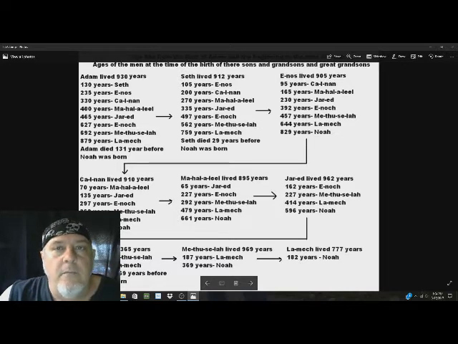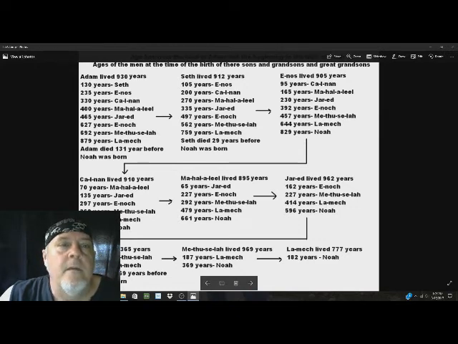Now, beginning with Adam, they put Seth down as the firstborn because I know Cain and Abel were actually twins. They were born at the same time, but Cain killed Abel, so they were basically wiped off as Adam's first son. So they start off with Adam, then Seth. Seth's firstborn was Enos, and so on and so on.